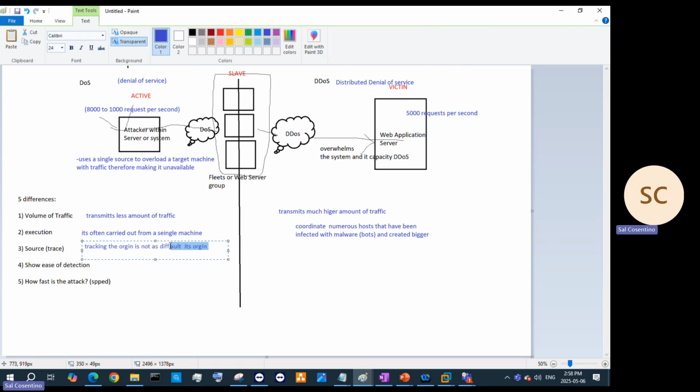And that's important too when we're talking about source trace. In a DDoS attack, when we talk about the source trace, when we start tracking the true origin, it's not less, but it's more difficult.